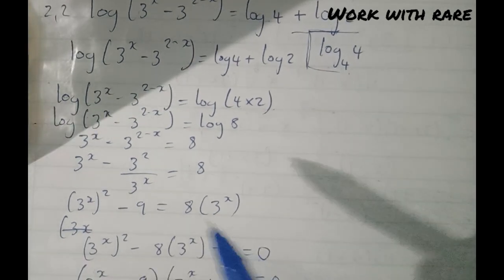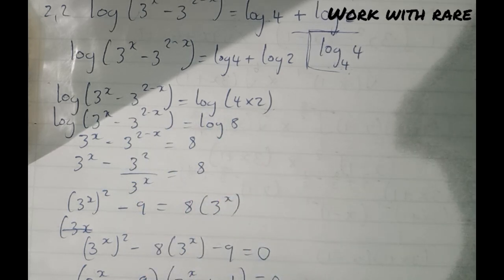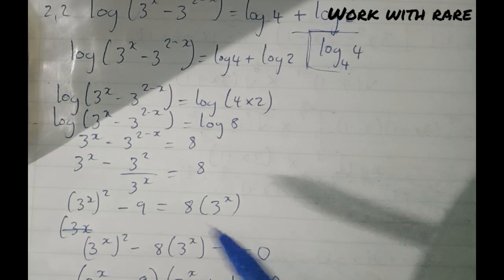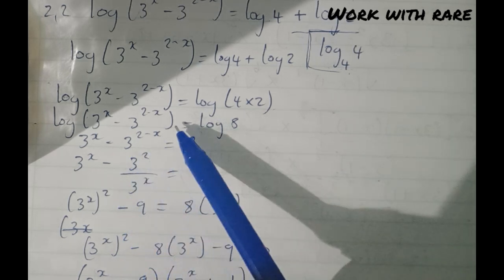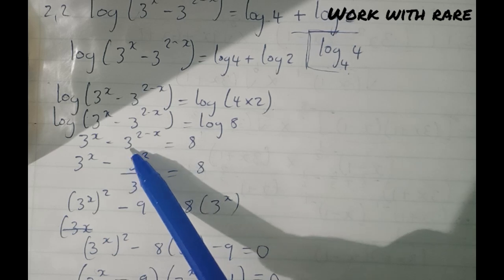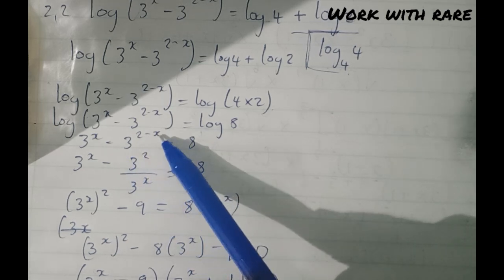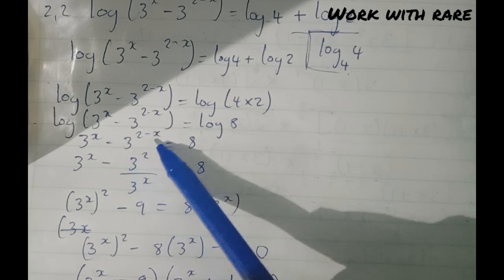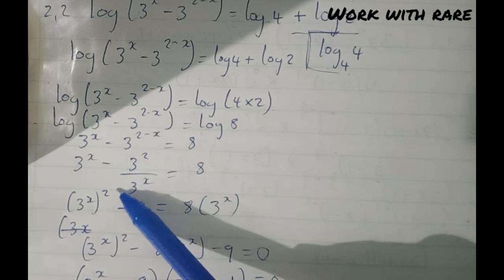Okay, we can see now here we have log. So now we divide both sides by log, so the logs will cancel each other. Then for the next step, this is the same as 3 to the exponent 2 and 3 to the exponent negative x. So remember, when you say negative exponent, we write it as a fraction in the denominator.